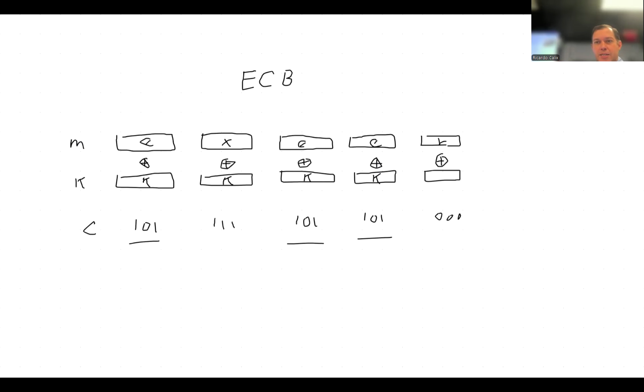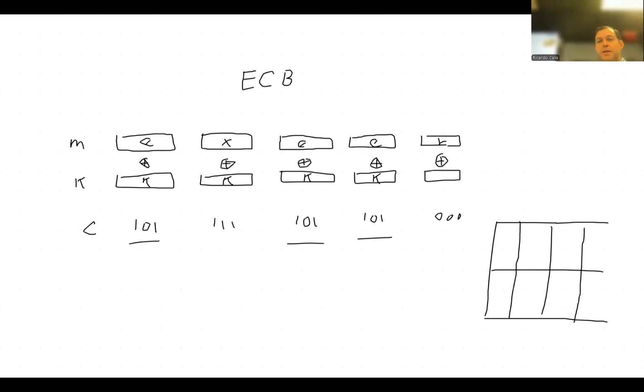So let's imagine it as a picture, right? So it's a square. So what happened? Well, I'm encrypting and I'm going to use really large pixels here. Really large pixels. Okay. So these are the pixels, right?